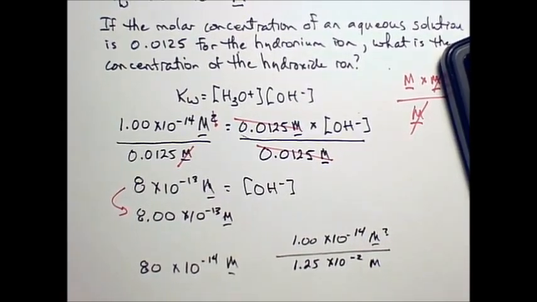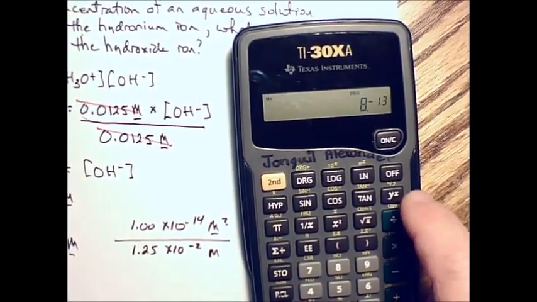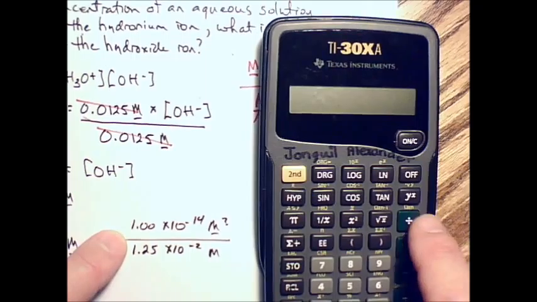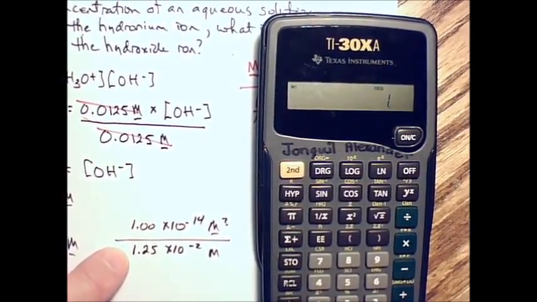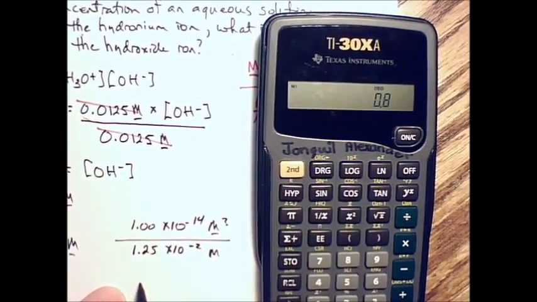So if I'm going to use the calculator to get these answers, I'm going to take 1.00 divided by 1.25, and I get 0.8.